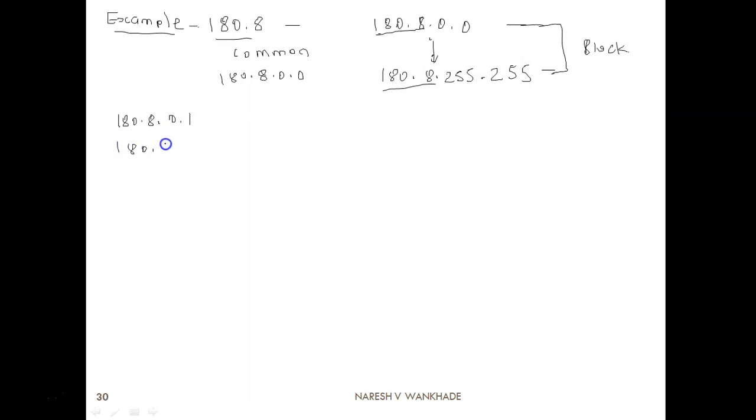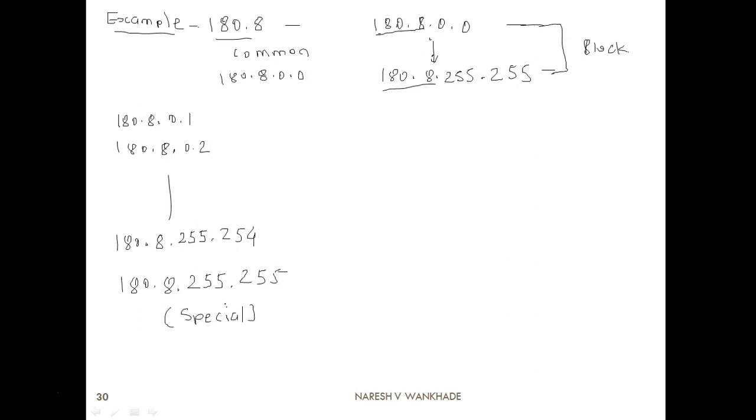Second is 180.8.0.2 up to 180.8.255.254, and last one is 180.8.255.255, and this one is reserved for special purpose.